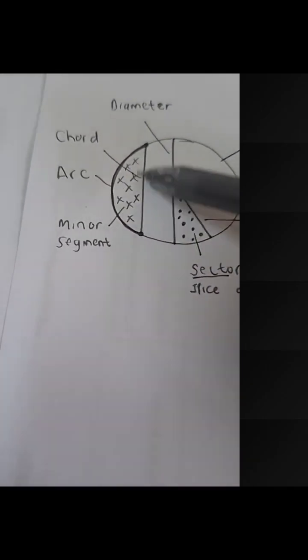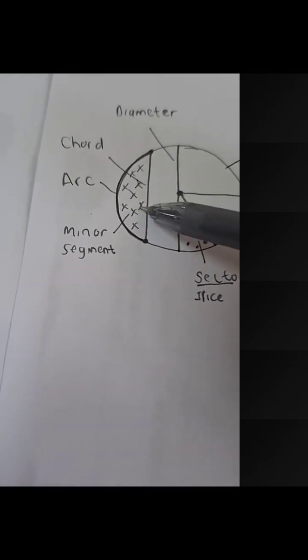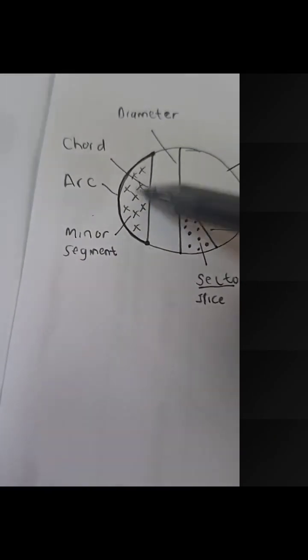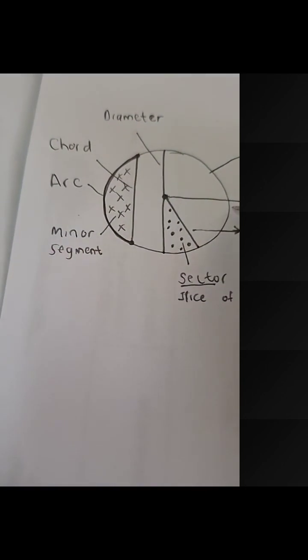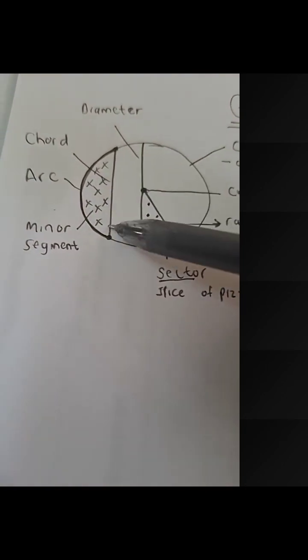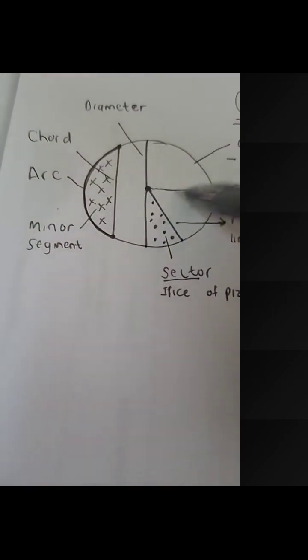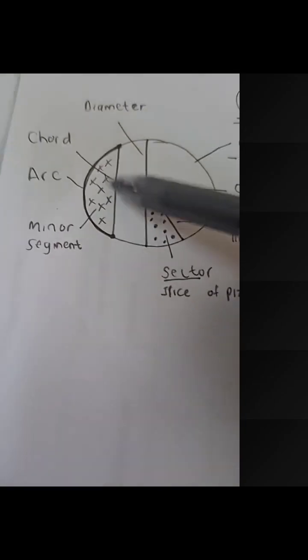Then, if we look at this area or portion, we refer to this as a segment. The reason why we say it's a minor segment is because it's small in comparison to this area. If I was to shade this whole right area from this chord, this inside refers to a segment that is a bit bigger than this one. So we call that a major segment.